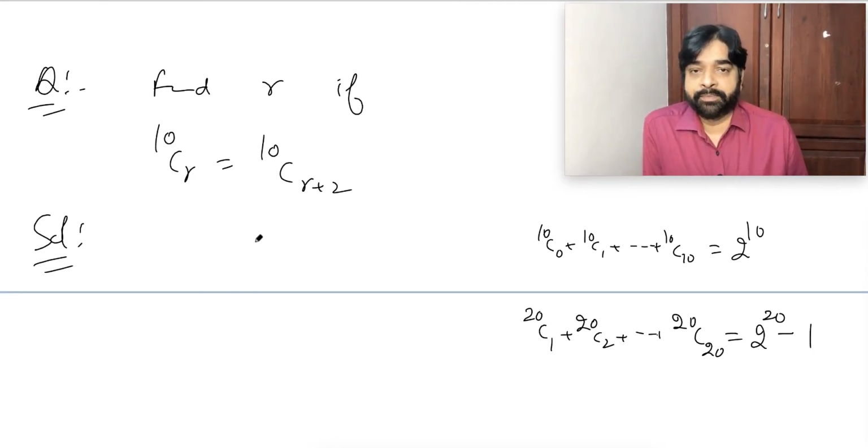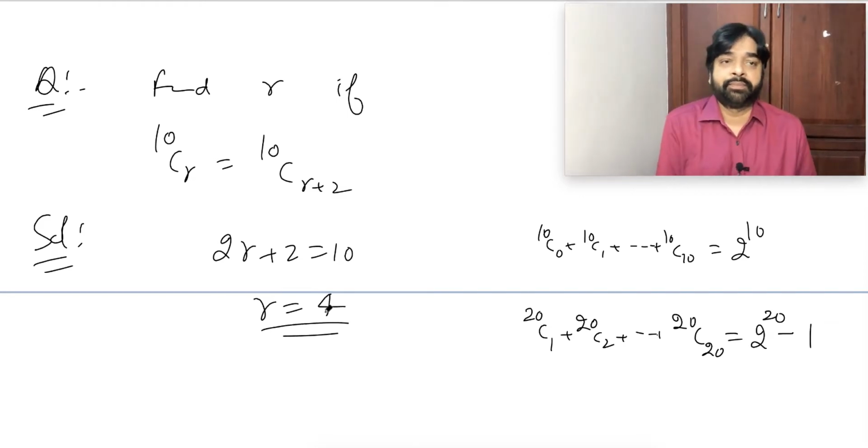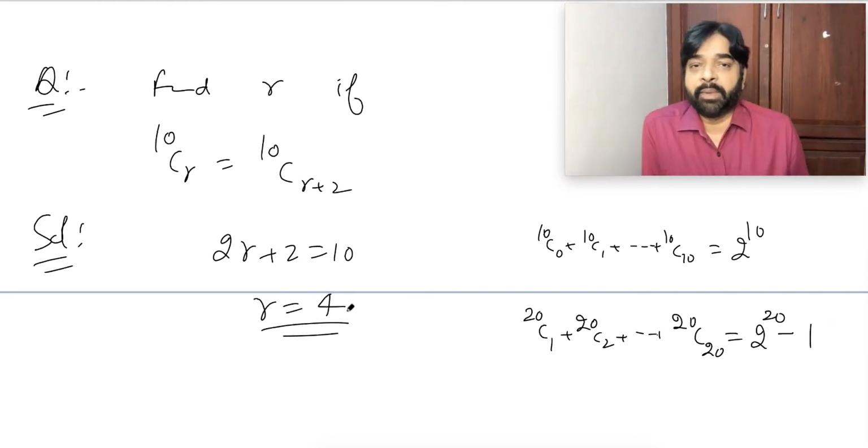Got it. In one situation, r equal to r plus 2 is impossible, because r equal to r plus 2 means 0 equal to 2, impossible. The other situation, this plus this must be equal to 10. Yes, that's possible. 2r plus 2 equal to 10. That means r equal to 4. Answer. Is it clear to everybody?